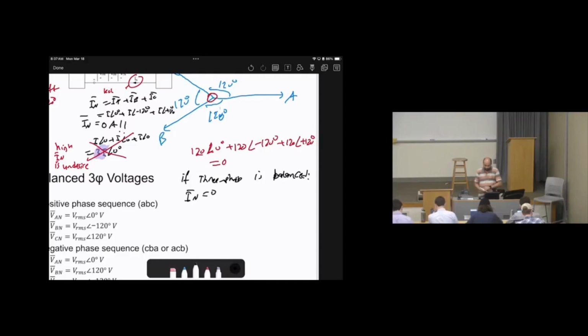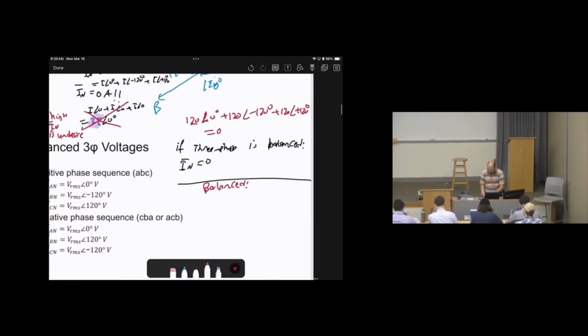Now also keep in mind, how can we know it is balanced, or what are the conditions to be balanced? When we say balanced, there must be 3 things satisfied: 3 identical loads, then the same voltage magnitudes, then 120 degrees phase shift.